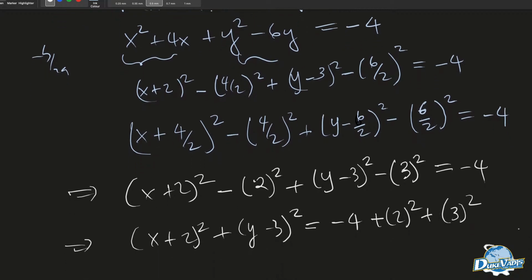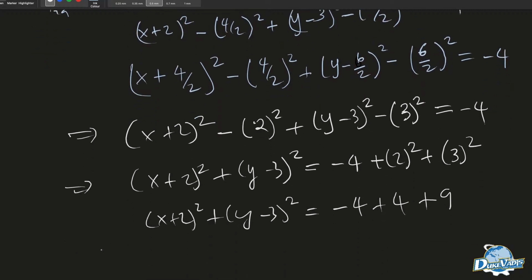So this will give us x plus 2 squared plus y minus 3 squared. I'm doing step by step so that you understand it. This will be 4 plus 9.